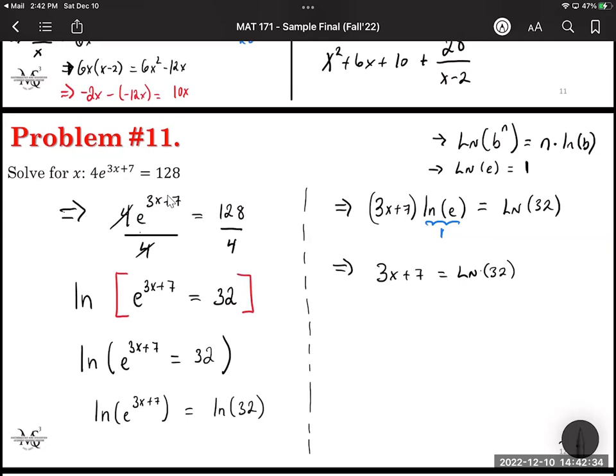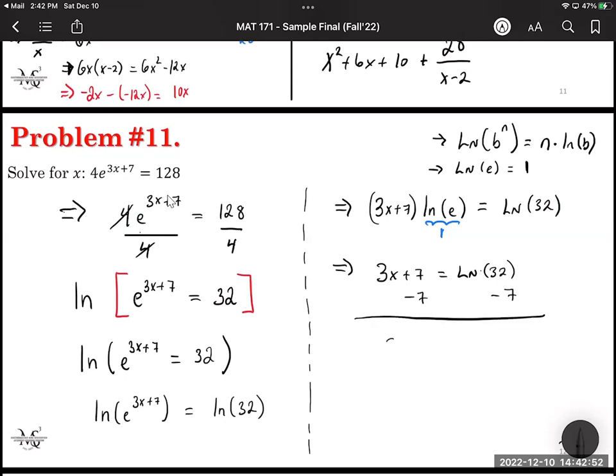Okay, so how can I get x by itself now? What else should I do? Divide by 3 on both sides. Careful, there's something else I have to do first, which was mentioned in the chat: subtract 7. Subtract 7 first, and then we can divide by 3.